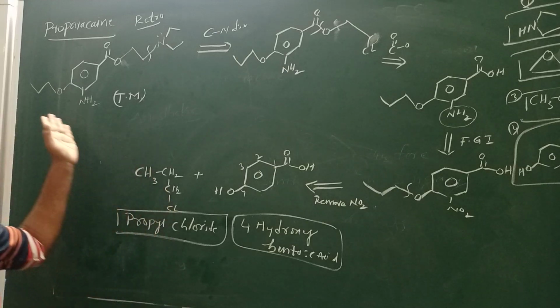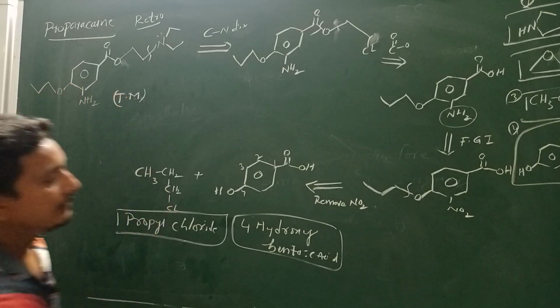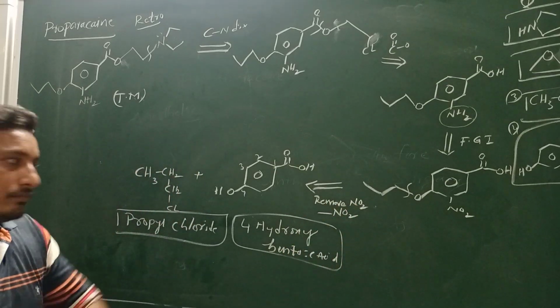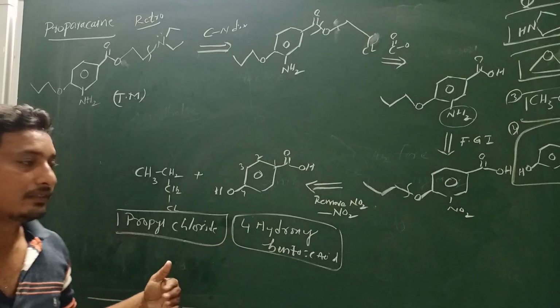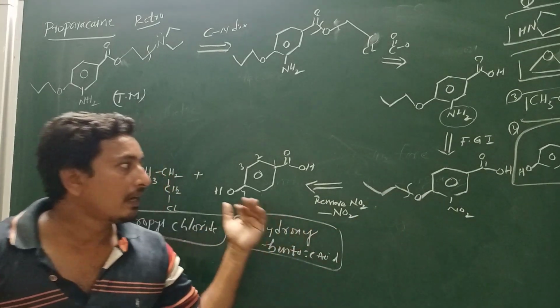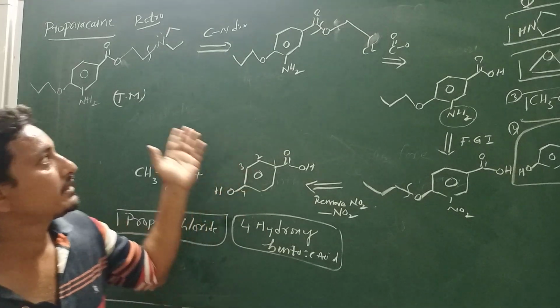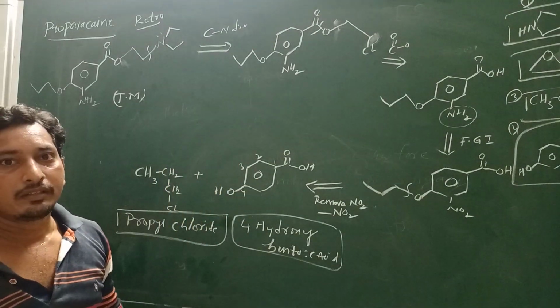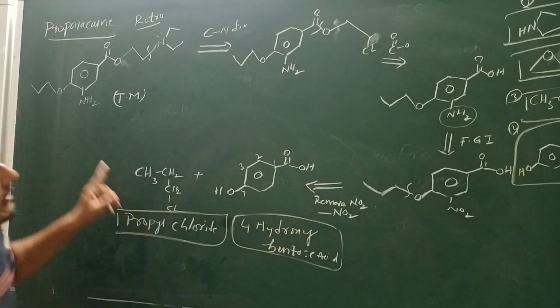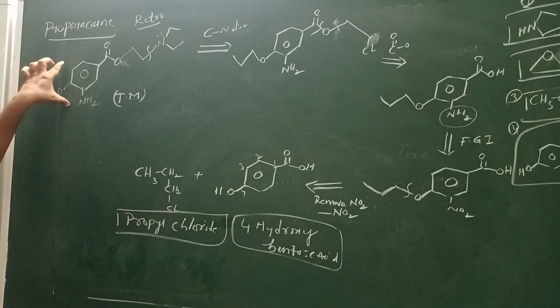Okay, this is the retrosynthetic analysis. Sometimes I will write the minus NO2. I will discuss next class why it is called change as NO2. The answer is obtained from the direct synthesis of this compound. I will write the direct synthesis of this compound.